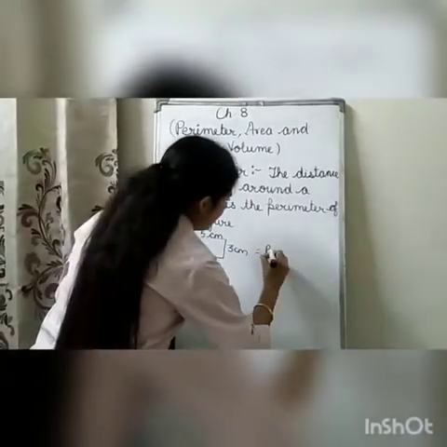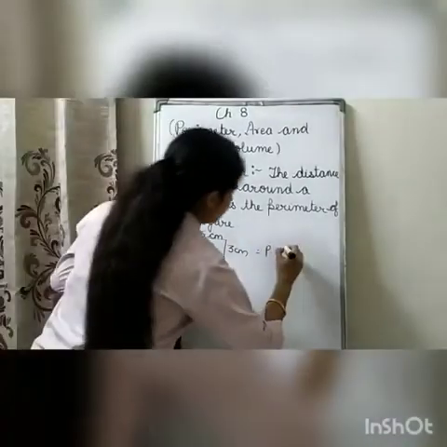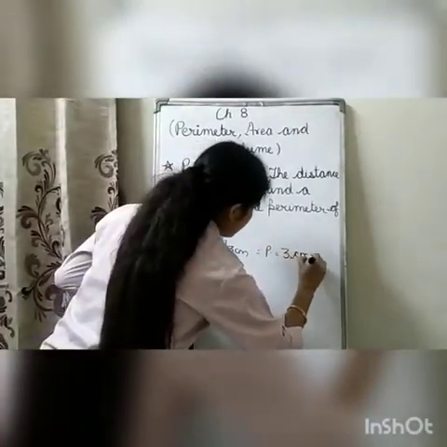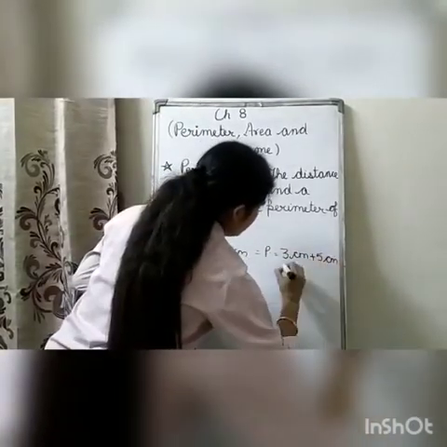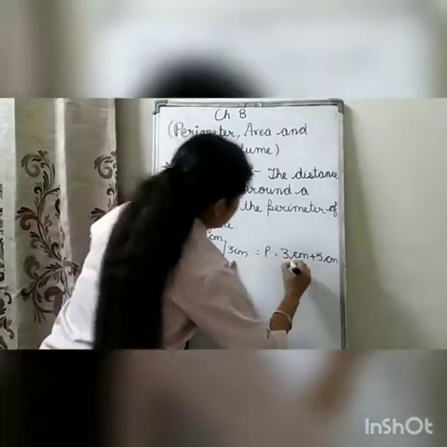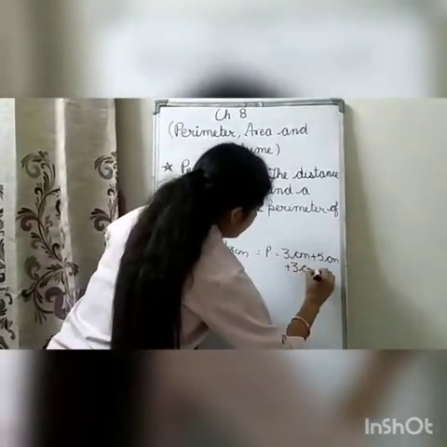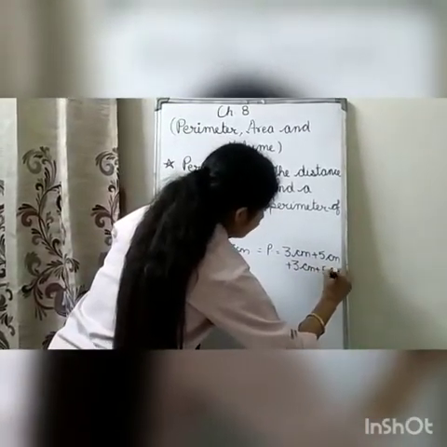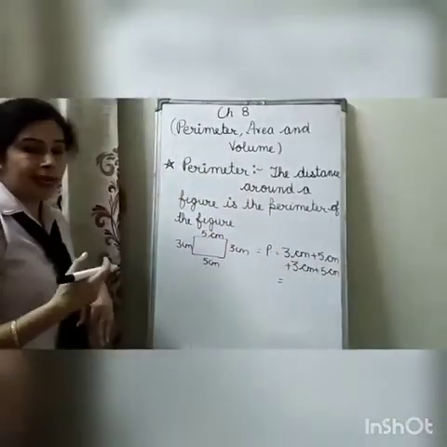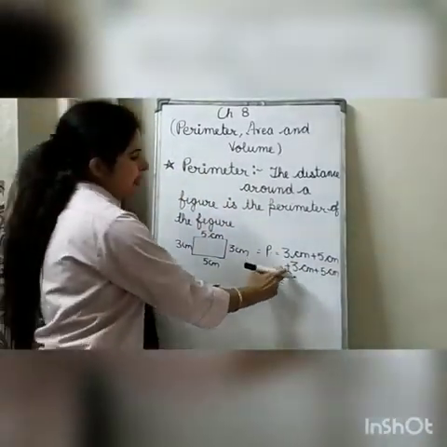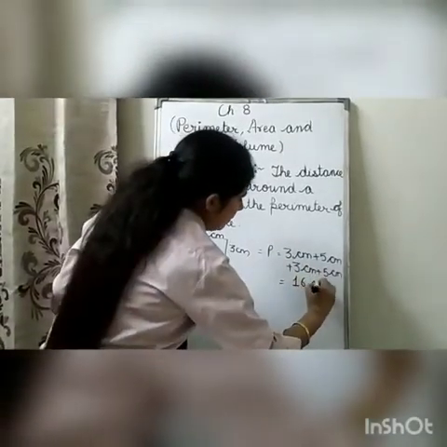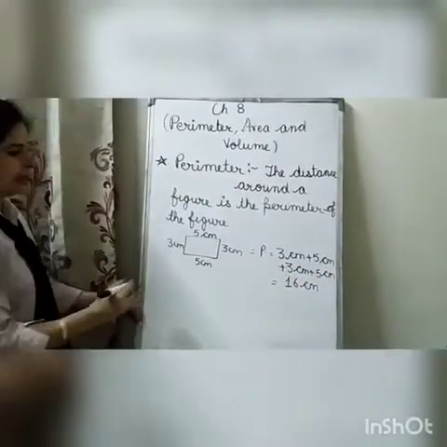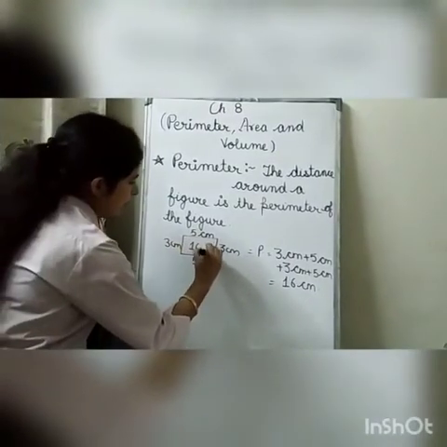So perimeter will be side 1, 3 centimeter, plus side 2, 5 centimeter, plus side 3, 3 centimeter, plus side 4, 5 centimeter. We will add these: 3 plus 3 is 6, and 10, 16. The perimeter of this figure will be 16 centimeter.